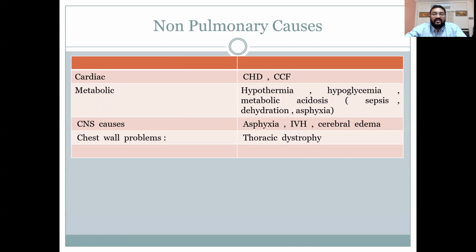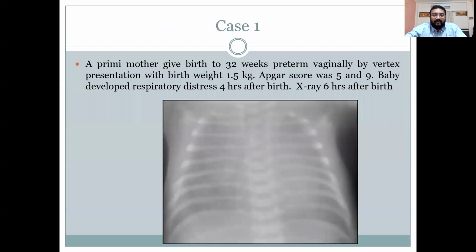Central nervous system causes include perinatal asphyxia, intraventricular hemorrhage, and cerebral edema. Certain chest wall problems can also present with respiratory distress in newborn, and these are thoracic dystrophy. So this is all about the common causes of respiratory distress that can be seen in newborn.